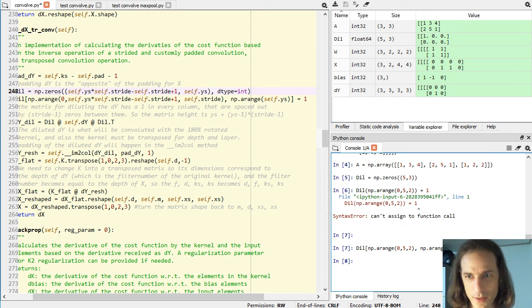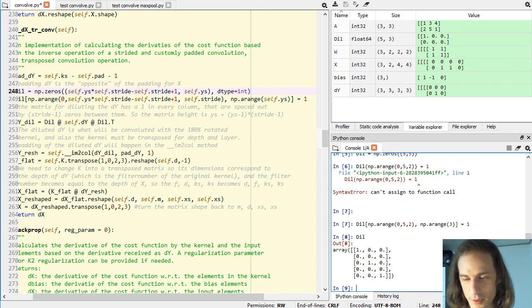Okay, so now we got the dilution matrix, and you can see that we have a 1 in every column, but we don't have a 1 in every row.